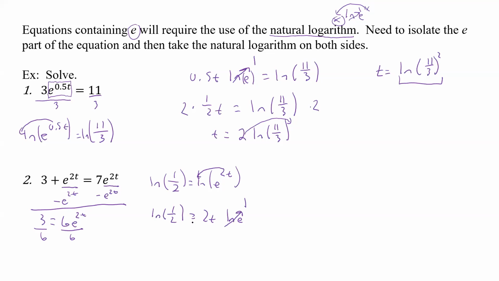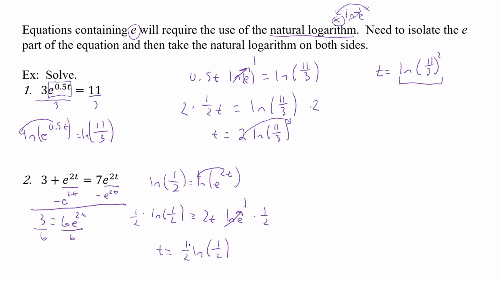Okay. So now we have this. So what does that tell us? Well, now I can multiply both sides by 1/2 to get rid of that 2. And so I have then t is equal to 1/2 of ln of 1 over 2.